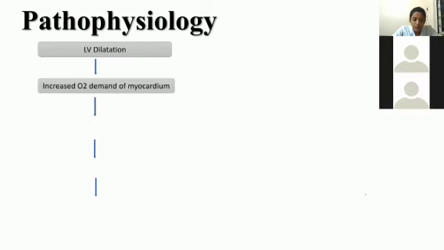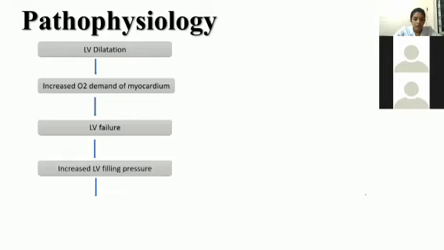dilatation. Then there is increased O2 demand of the myocardium. If there is increased cardiac workload, the myocardium needs increased O2 for energy. Finally it leads to left ventricular failure, with increased left ventricular filling pressure.